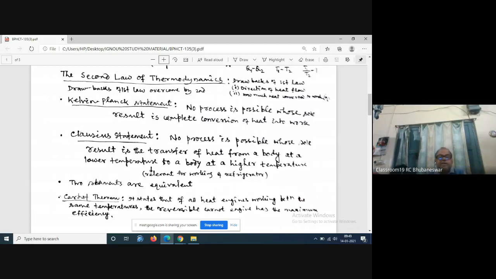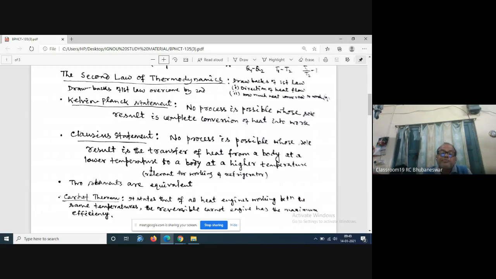The second thing is the Clausius statement. This statement says no process is possible whose sole result is the transfer of heat from a body at a low temperature to a body at a higher temperature. This statement is relevant for the working of a refrigerator.